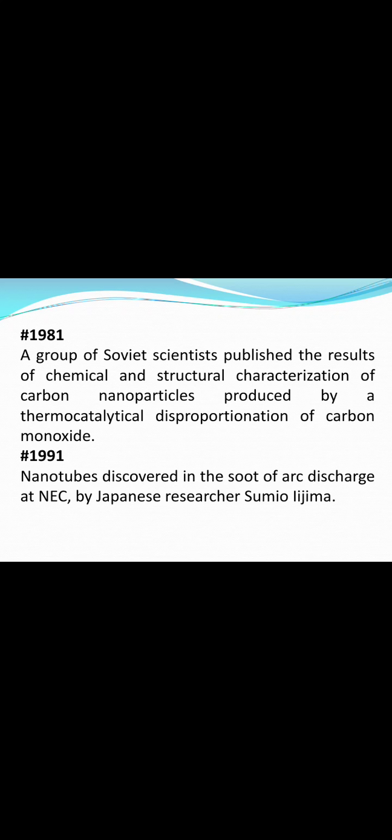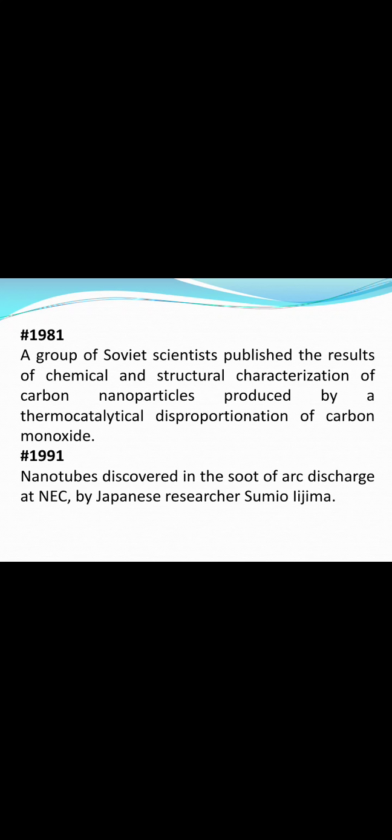In 1981, a group of Soviet scientists published the results of chemical and structural characterization of carbon nanoparticles produced by thermocatalytic disproportionation of carbon monoxide.